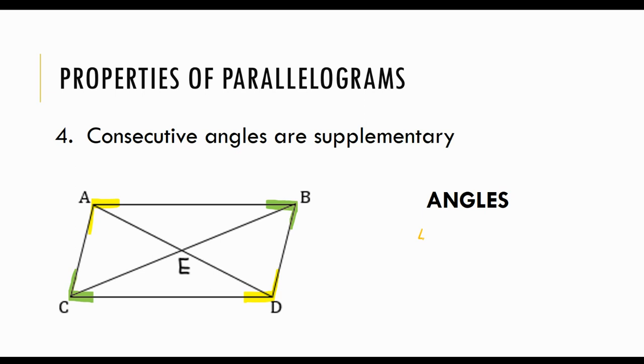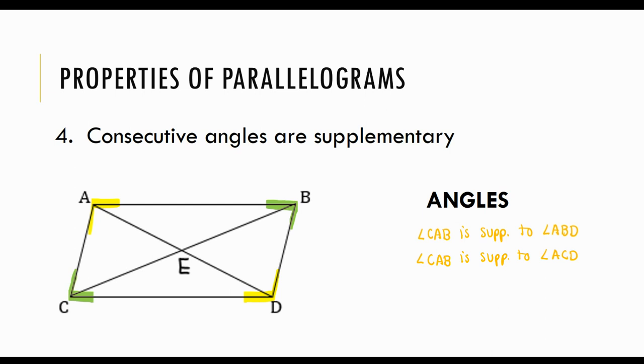So I could say angle CAB is supplementary to angle ABD. So I have a yellow angle and a green angle, they're supplementary. But angle CAB is also supplementary, which means adds up to 180, to the angle of ACD.